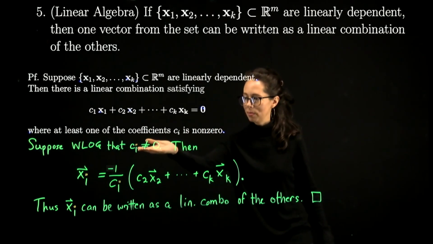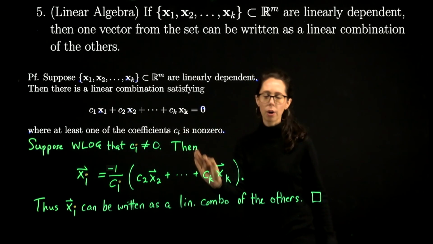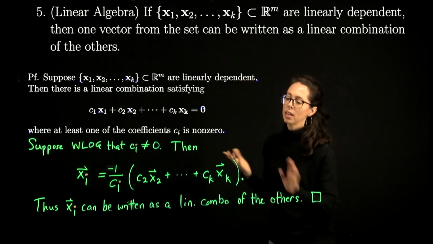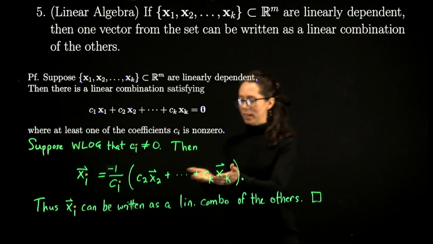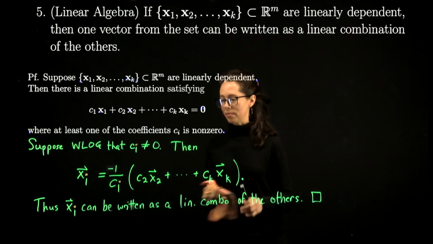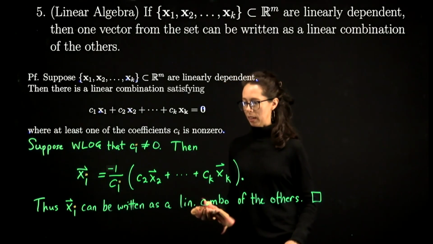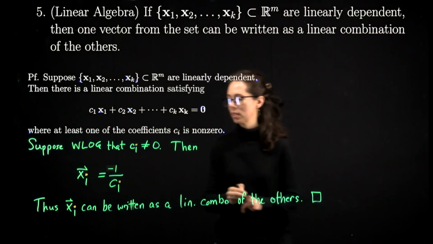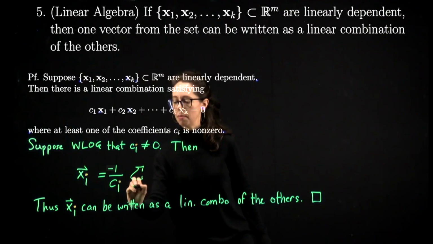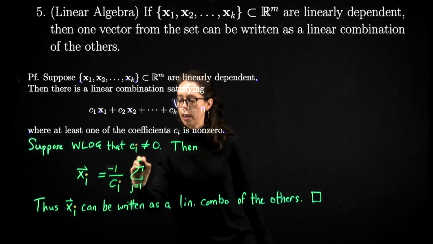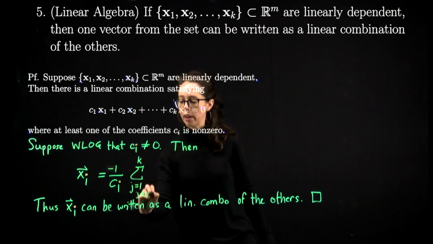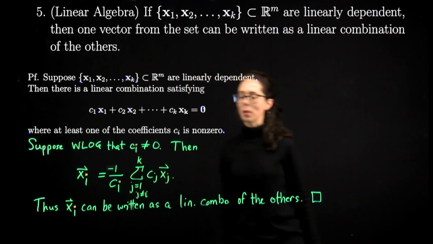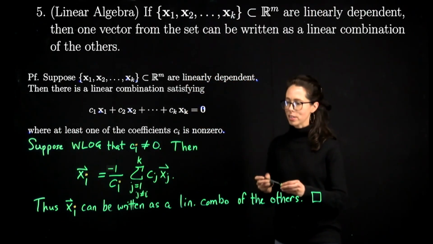So this is a specific choice of a coefficient. I'm just not making precise where exactly in this linear combination it occurs. Otherwise, it's the same idea, except when I write this, I maybe can't be so specific with my ordering. The sum from j equals 1 through k, j not equal to i. So basically the sum of all of them except for the ith term.